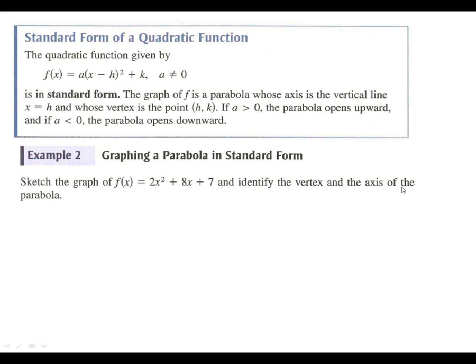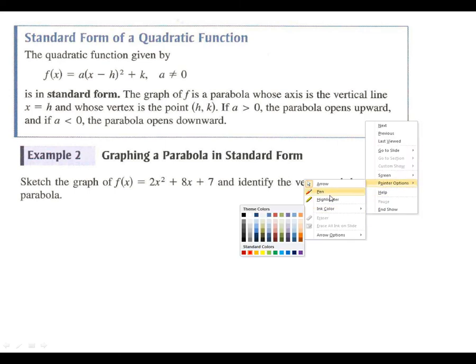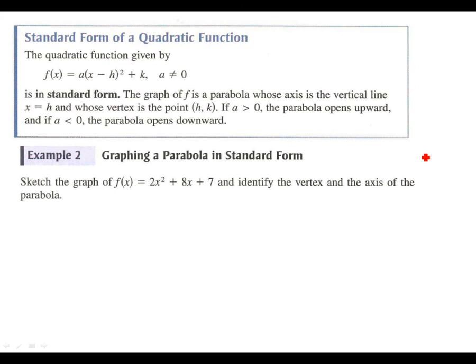All right, so let's take this first equation and see if we can move stuff around and identify the vertex and the axis of symmetry on this one. So the key on this, we're going to say 2x squared plus 8x plus 7. First thing, I'm just going to separate these two right here. And what we can do is pull a 2 out in front.